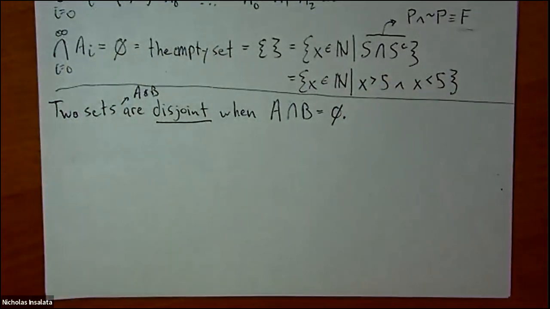Okay, so let's do a couple examples of this. Can someone give me a few examples of two disjoint sets? Okay, negative integers and positive integers.